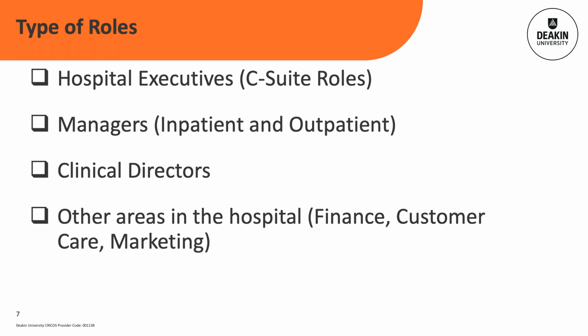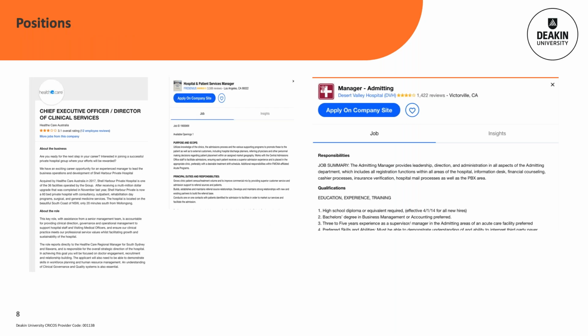Also, you have directors of various clinical departments. And further, you have people managing various service functions like finance, customer care, and marketing. Here, you can see various advertised hospital administration roles. You will find literally hundreds of roles being advertised.